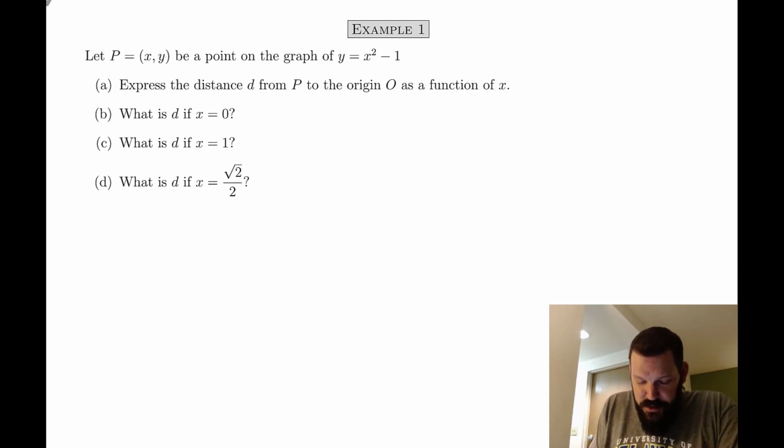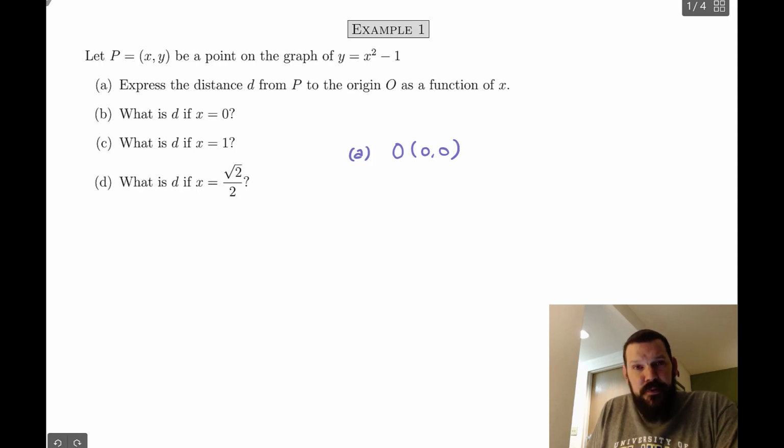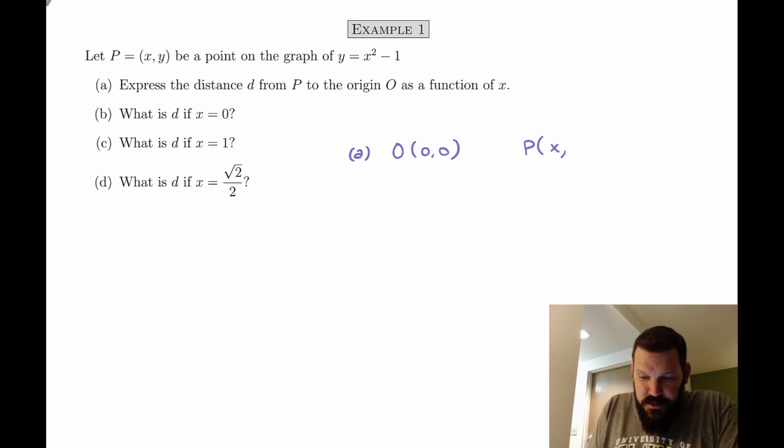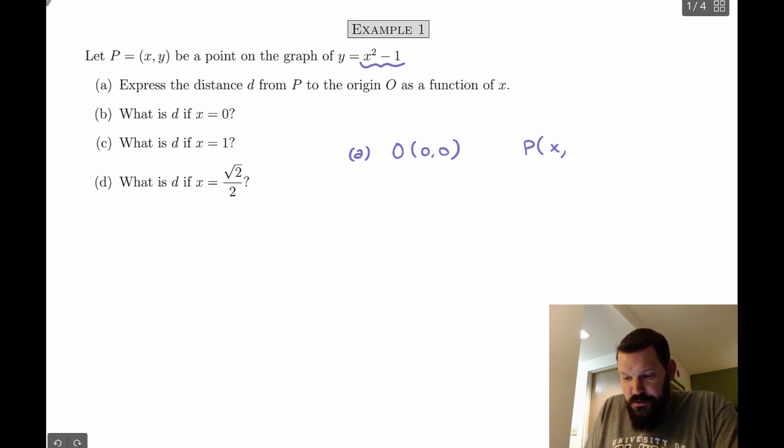I'm going to start out for part A right here. We know that the origin is the point (0, 0). Using this as a function of x, for point P we have an x value of x, and the corresponding y value is defined by our function, which is x squared minus 1.